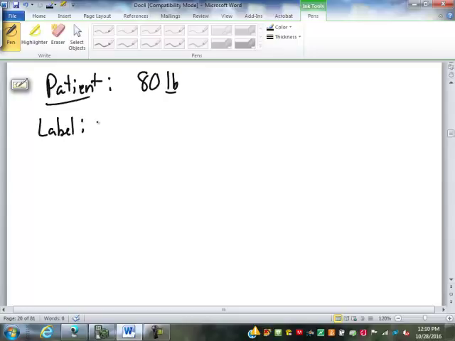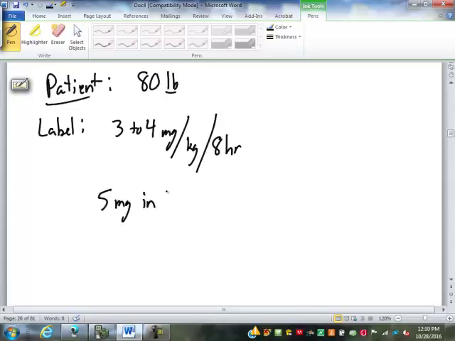And our label says 3 to 4 milligrams per kilogram per 8 hours. And constituted as 5 milligrams in 4 milliliters.